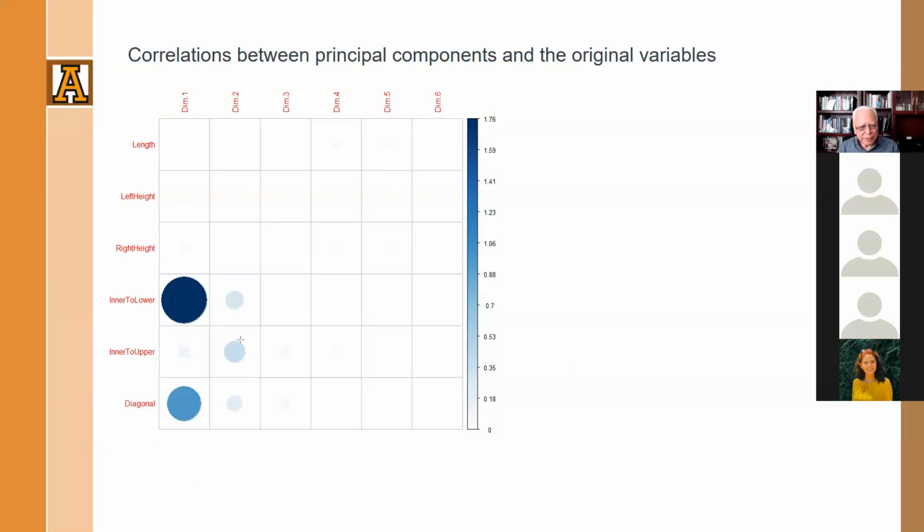And these three have roughly the same quality of representation in the second component. Notice that all the other squares are essentially blank. You can hardly see them, there are small circles there. So this is consistent with our original decision to focus on the first two components.